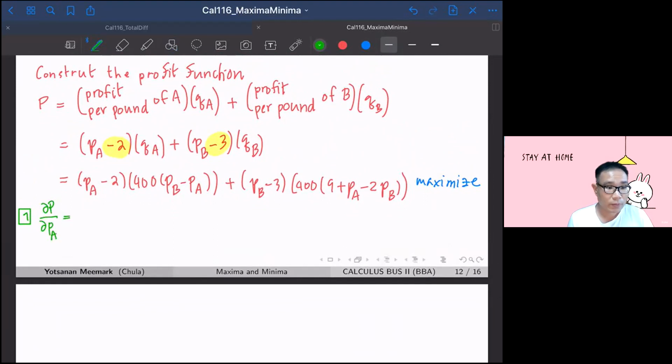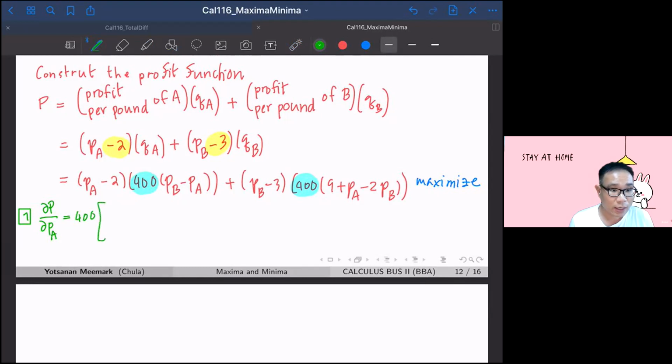For the first term, you need to use the product rule: the first times the derivative of the second, plus the second times the derivative of the first. However, one thing I can pull out is the constant 400, and after you pull out 400, it's not going to be hard to differentiate anymore.